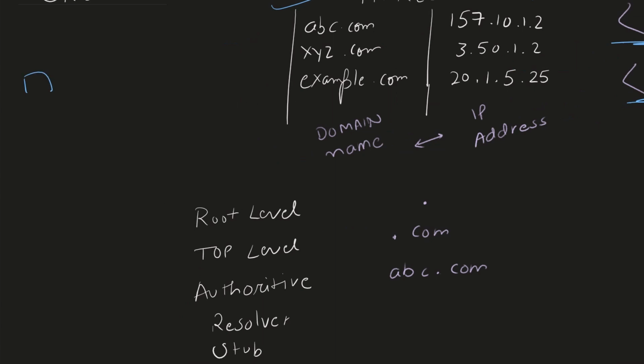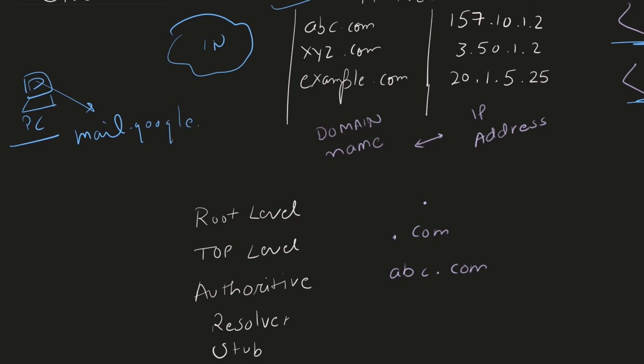Suppose you purchase a new laptop or a new PC, and you are connected to the internet. You go to your browser and type mail.google.com. You are trying to open Gmail.